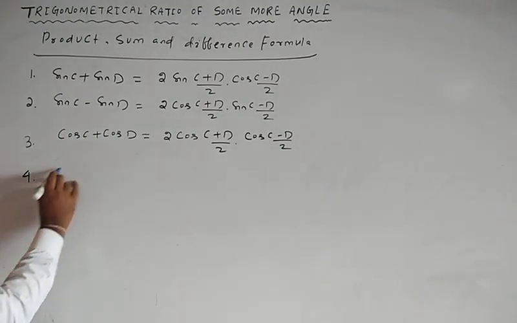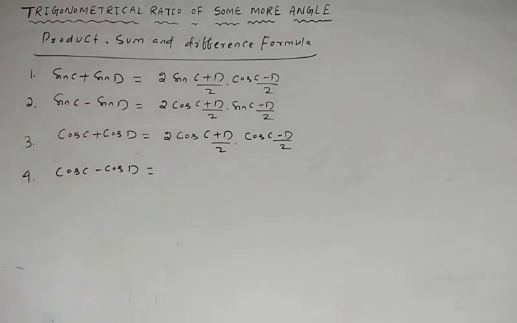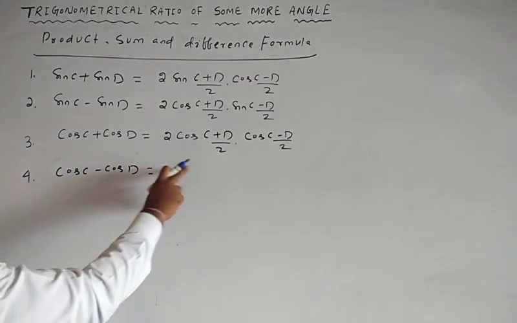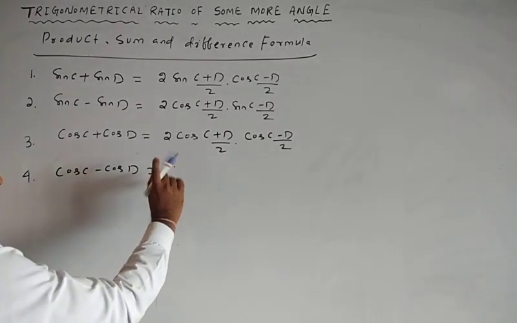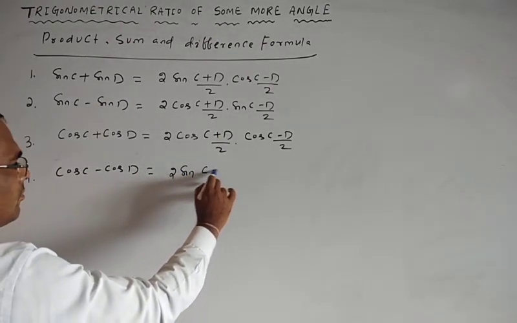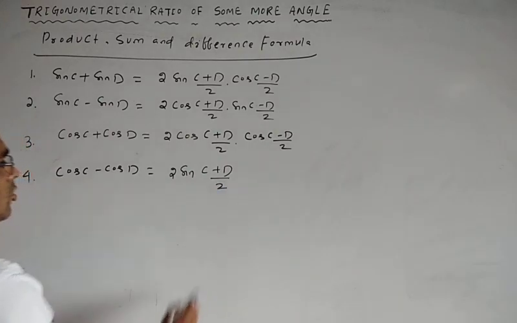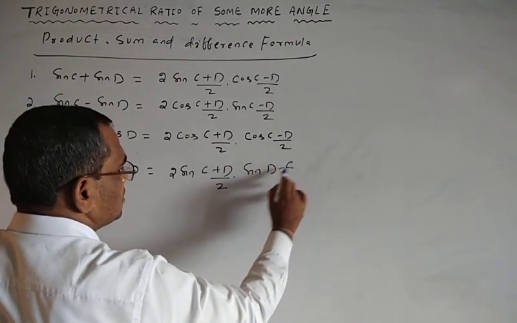And number 4 is cos C minus cos D is equal to, here both are sine. So here minus is there, means both are sine. Okay, so this is equal to 2 sin (C plus D)/2 into sin (D minus C)/2.